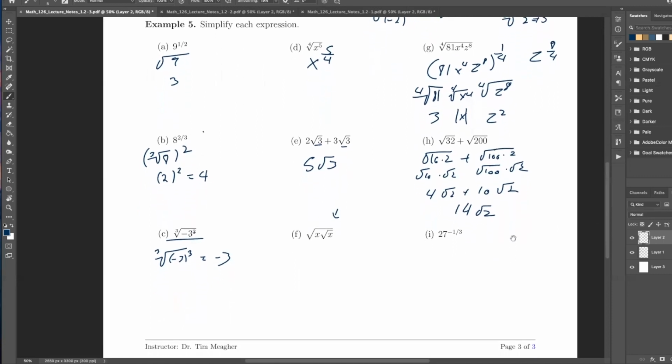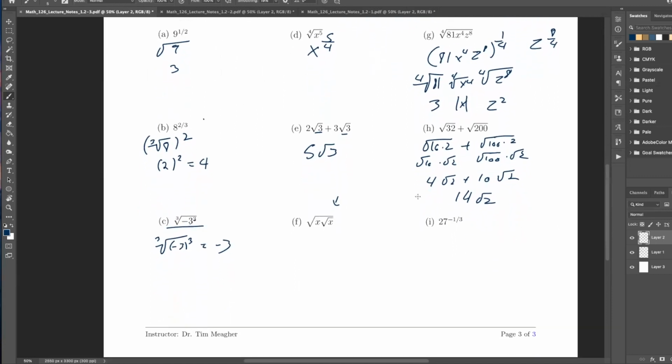All right, so let's do I. Here, 27 to the negative third power. So I can write this as 1 over 27 to the third power, which I can write as 1 over the cubic root of 27.